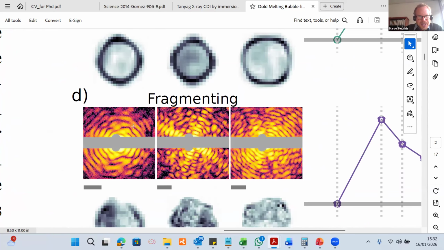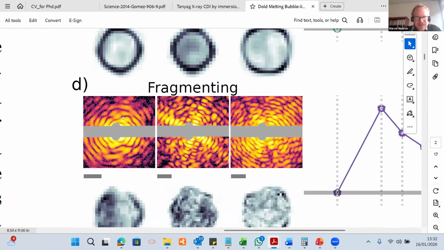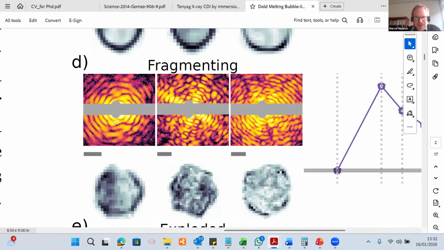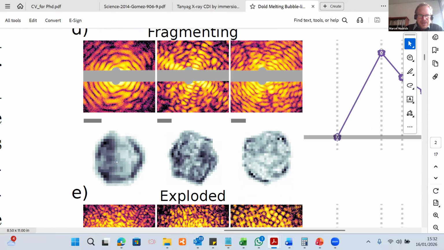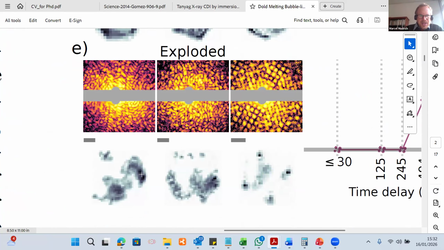Or by cranking up the intensity of this first heating pulse, you can more or less fragment the particle before taking the snapshot. And that by reconstruction then looks something like that. For even higher intensity, eventually the particle completely disintegrates and explodes and fragments into these little fragments.